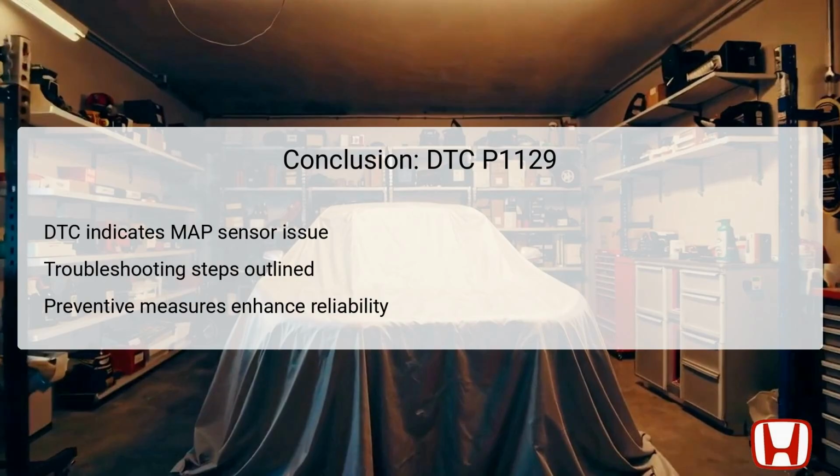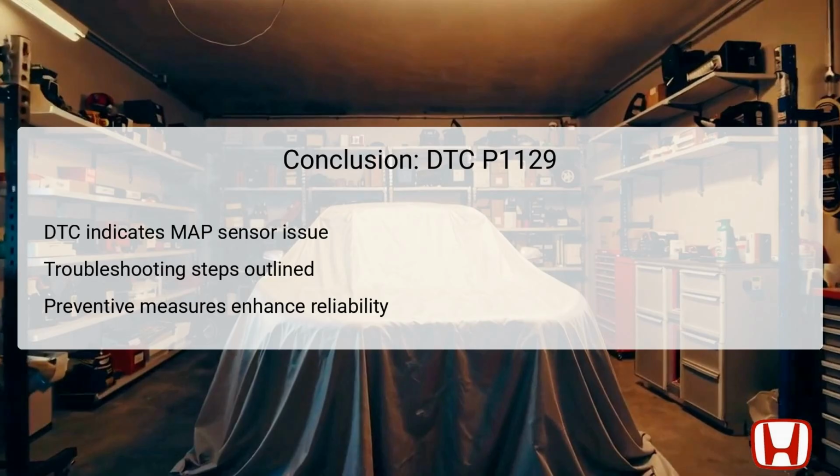In conclusion, DTC P1129 signifies a higher than expected signal from the MAP sensor, pointing toward potential vacuum leaks, faulty components, or poor connections. The structured troubleshooting process laid out includes necessary checks for vacuum integrity, thorough performance assessments of the MAP sensor, and reassurance through repair verification.